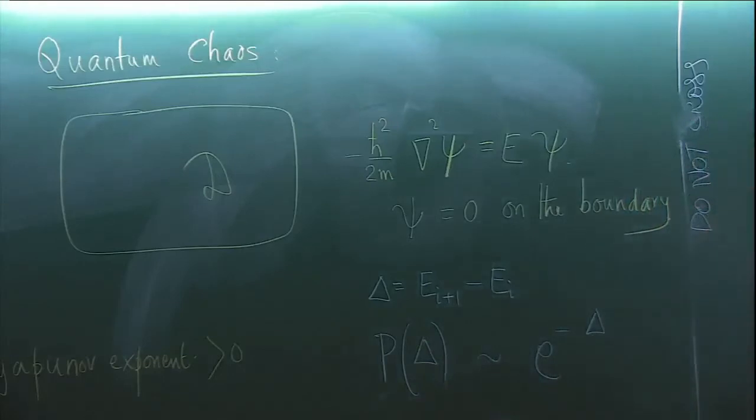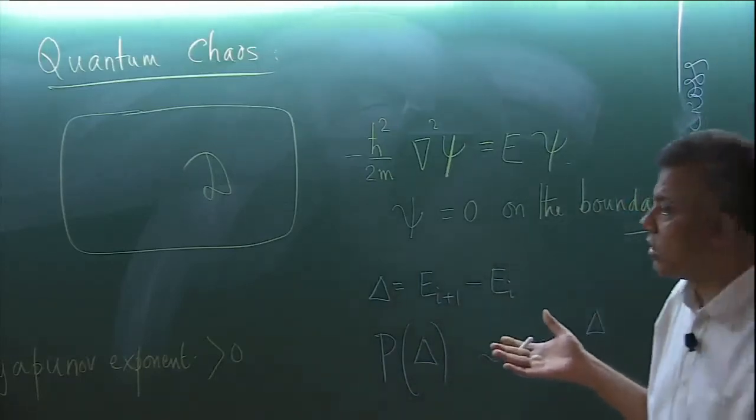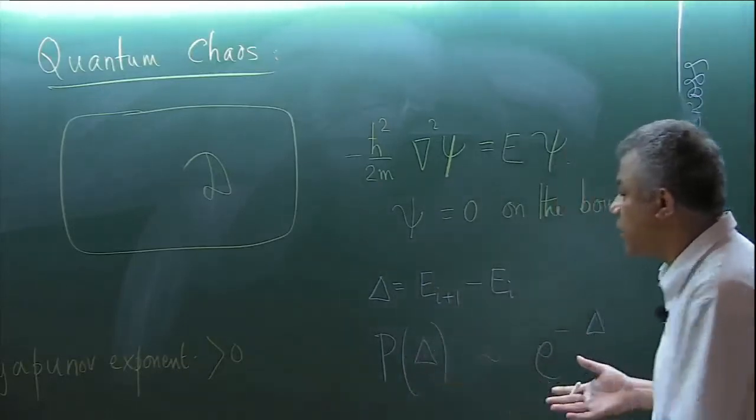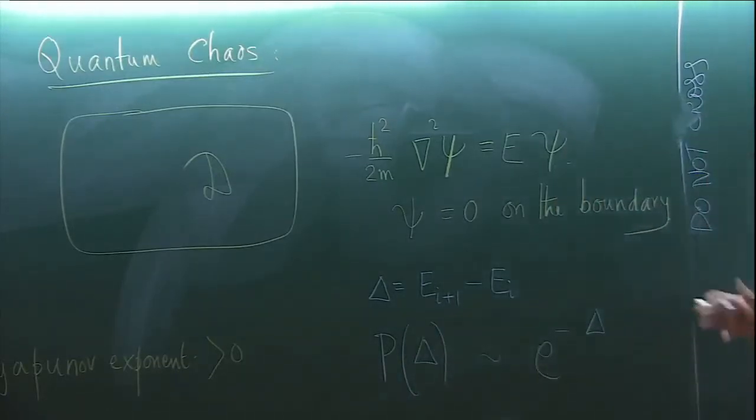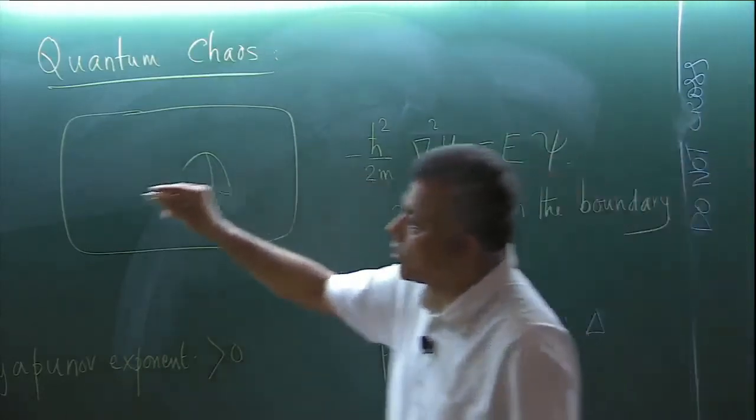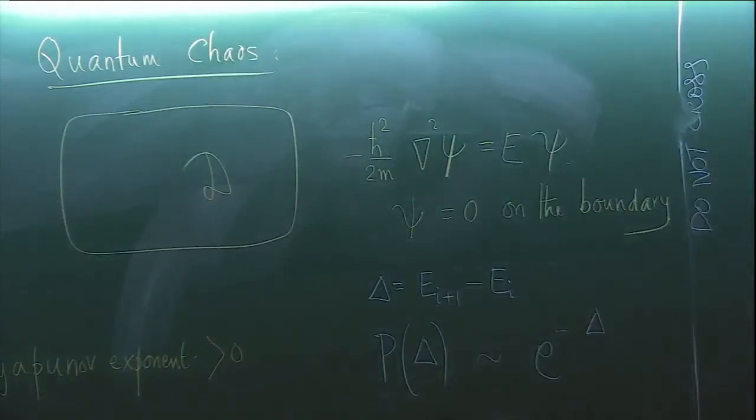Take any regular geometry where you know that the classical system is non-chaotic; the signature in the spectrum is always a Poisson, exponentially distributed spectrum. So if you plot P of delta versus delta, it's just an exponential distribution.